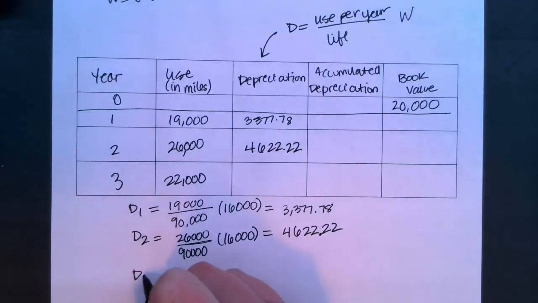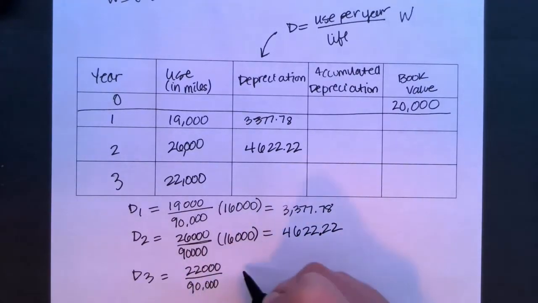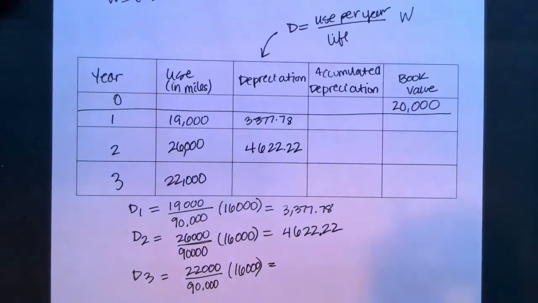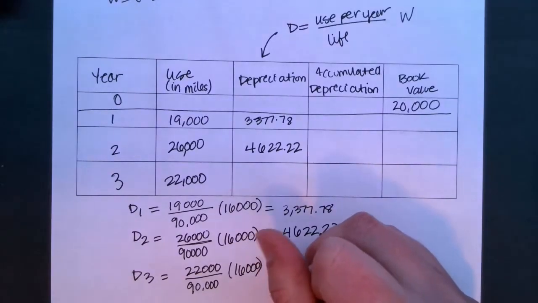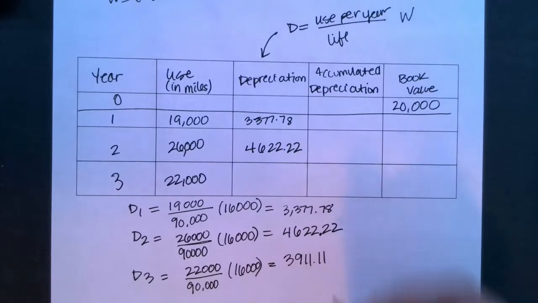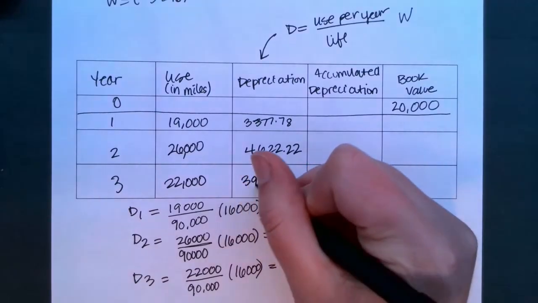And then for our D3, we take our use, which is 22,000, divide that by our 90,000, times the wearing value of 16,000, and we'll get $3,911.11. Again, we're rounding here to the nearest penny. So just popping all of those in our table.